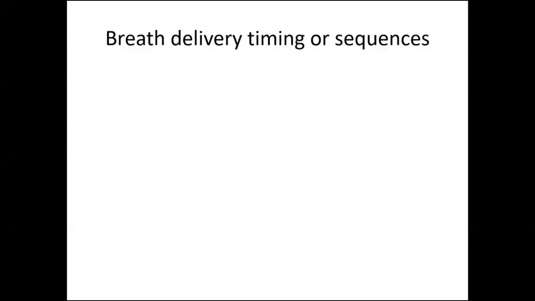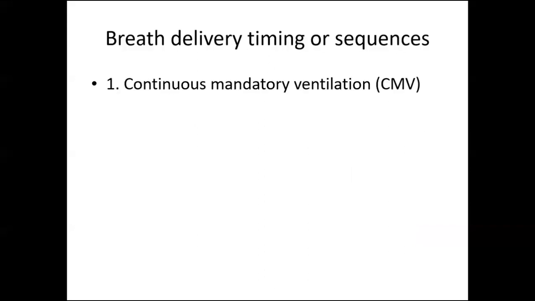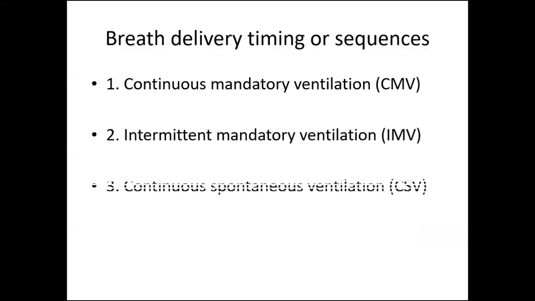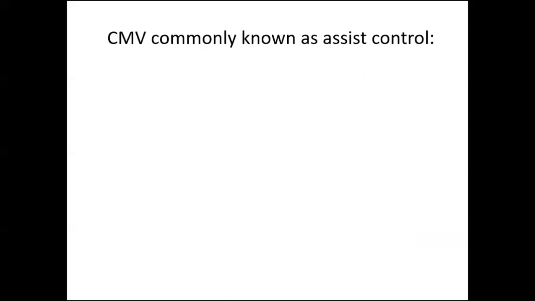Next we'll move on to breath delivery timings or sequences. In that we have continuous mandatory ventilation, intermittent mandatory ventilation, and continuous spontaneous ventilation. Continuous mandatory ventilation is commonly known as assist control ventilation. You can see the modes ACV, PCV. These are all mandatory ventilations.